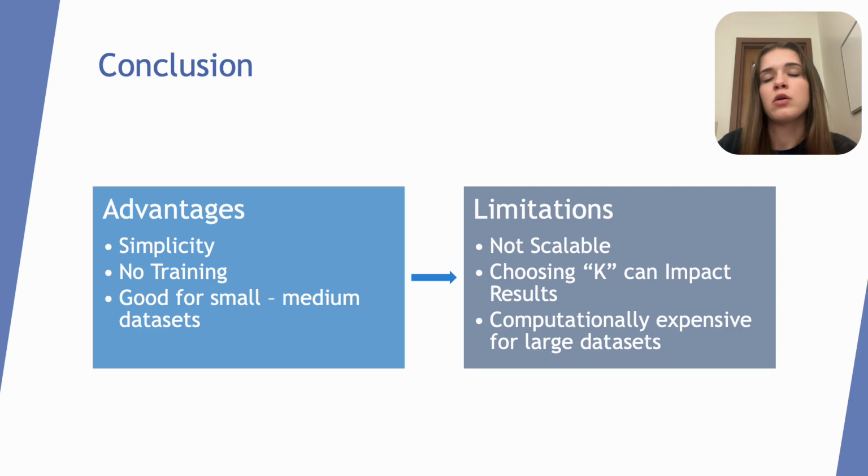Same thing with a very large K, leading to underfitting. And then it can be computationally expensive for large data sets. As the data set grows, the algorithm requires more computational power to calculate the distance between the new data point and every other point in the data set. So that's something that can make it difficult to use as well.